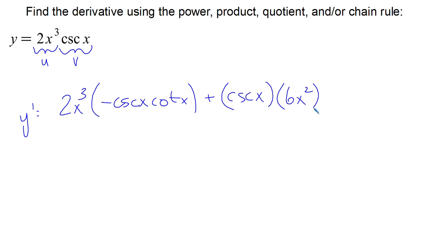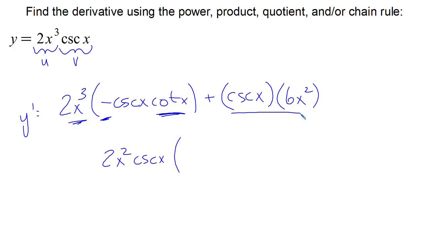And it's not really necessary, but I'm going to factor out the 2x squared cosecant x from both of these terms. So if I factor out a 2x squared from here, I've still got the x, and I've still got a negative sign, and I've still got a cotangent x.